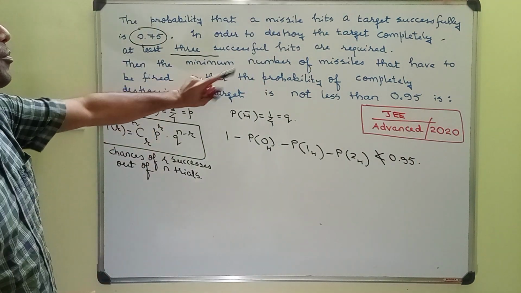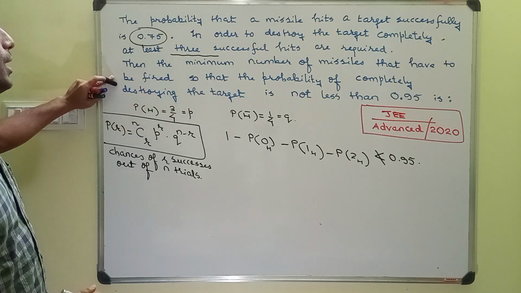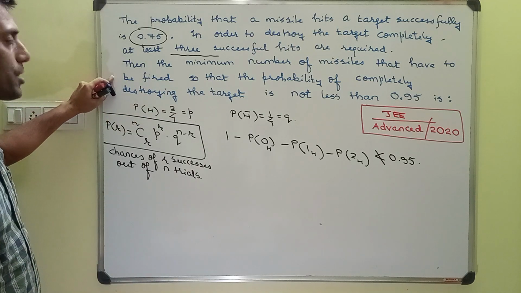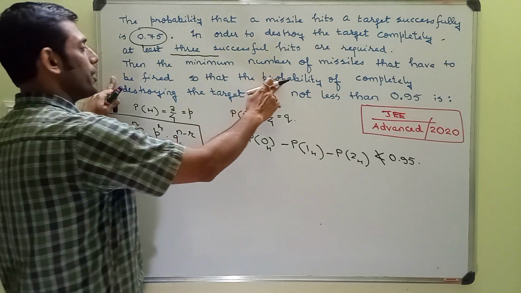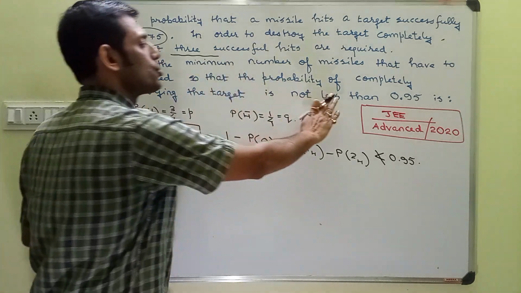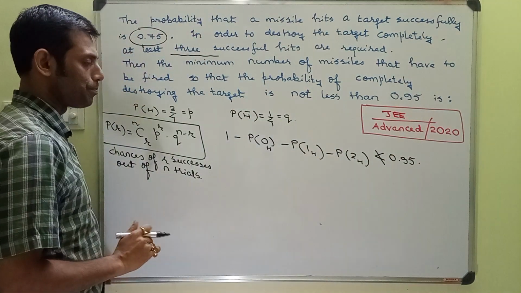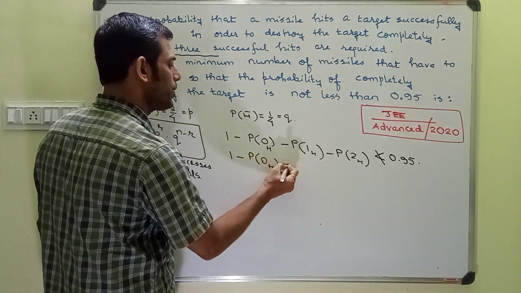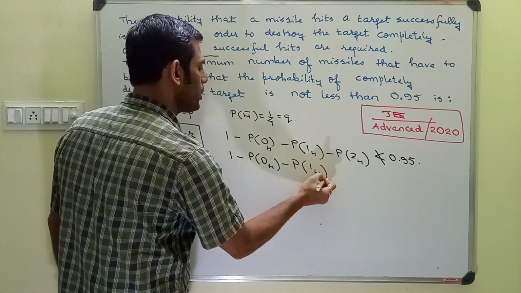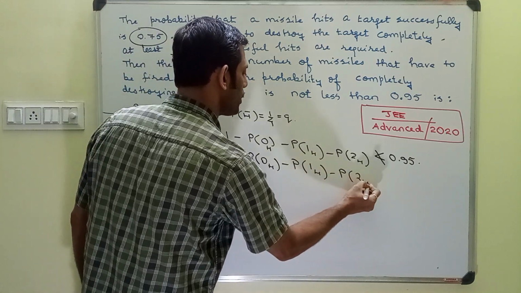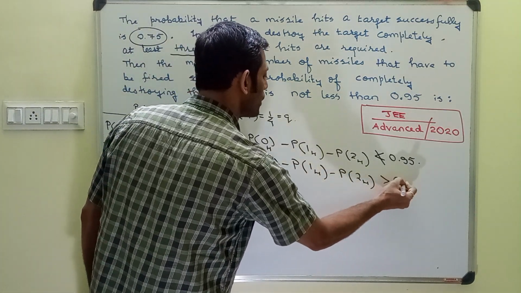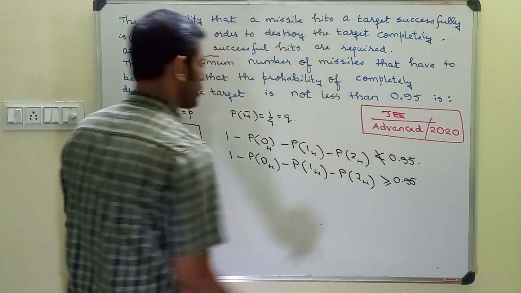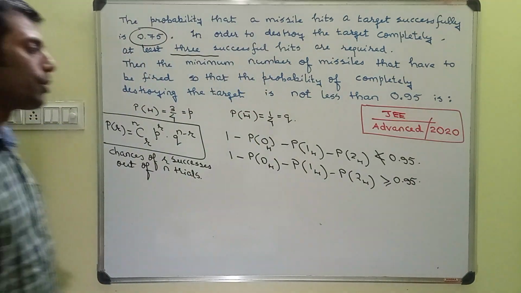The minimum number of missiles that have to be fired, let's say that is some n missiles, so that the probability of completely destroying the target is not less than 0.95. So therefore, 1 minus P of 0 missiles on target, minus 1 missile on target, minus probability of 2 missiles on target is greater than or equal to 0.95, is what the question requires you to solve.